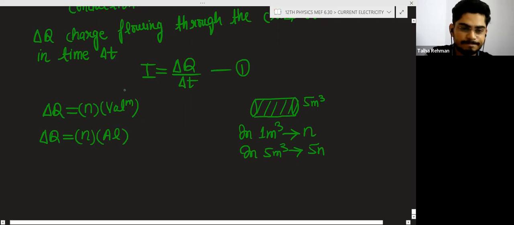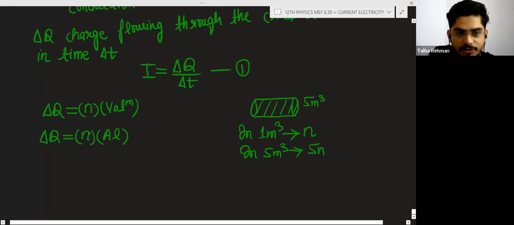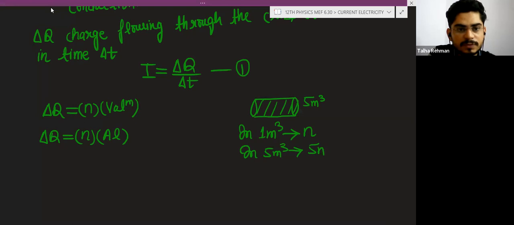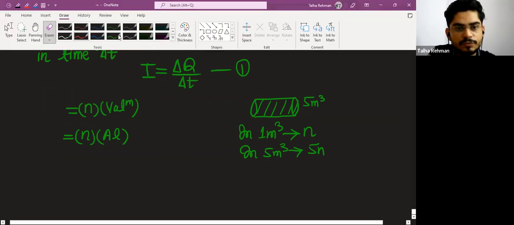And one thing more, I have not written here. For calculating the charge delta Q, we have to first calculate the total number of electrons.